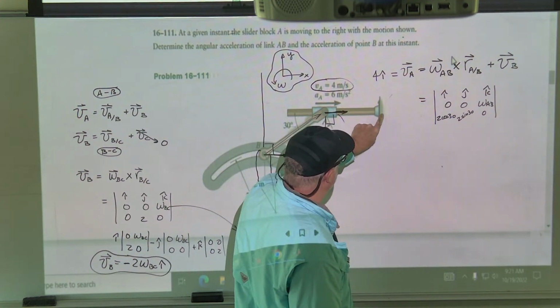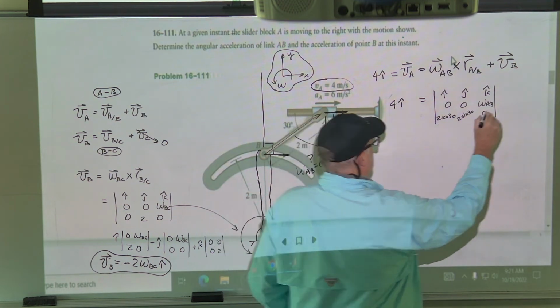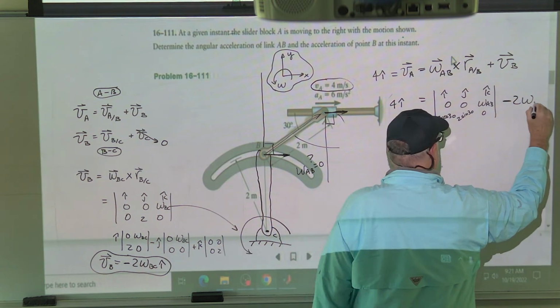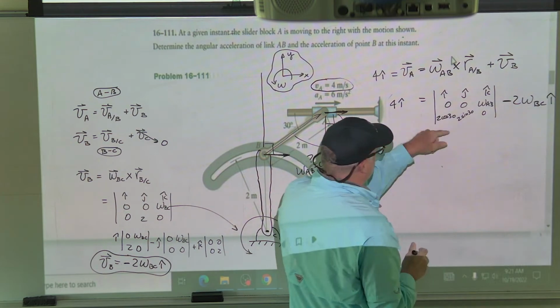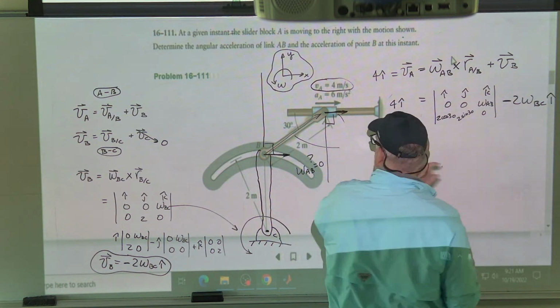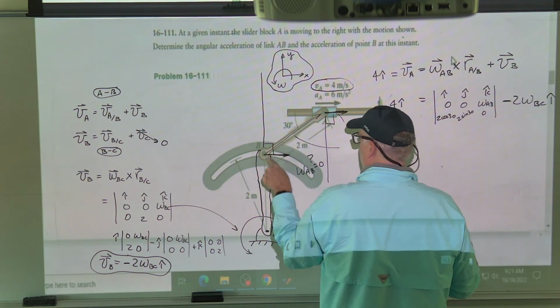But take this down, put it right there. I guess I'll put this in here: minus 2 omega BC I. Now I'm going to carry these out. So I got this one because I knew its direction. I got this one because that point was connected both here and on that link. It's shared.